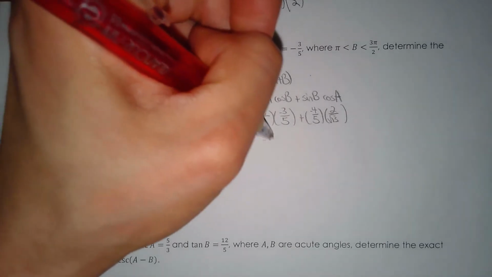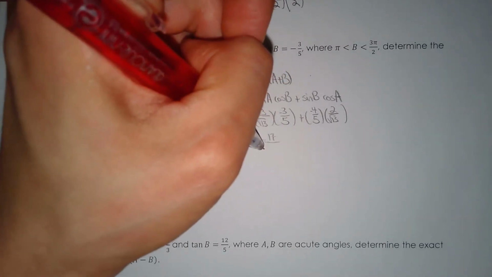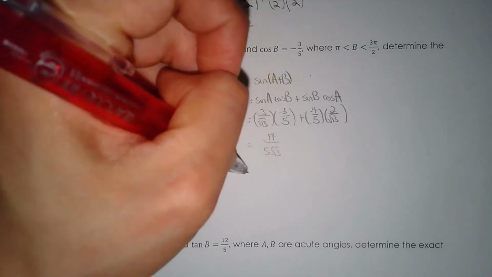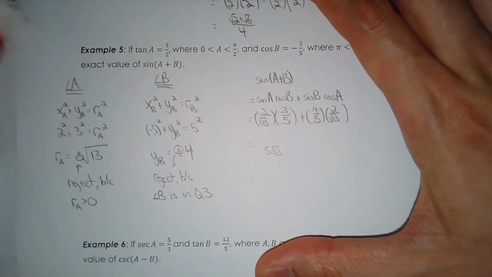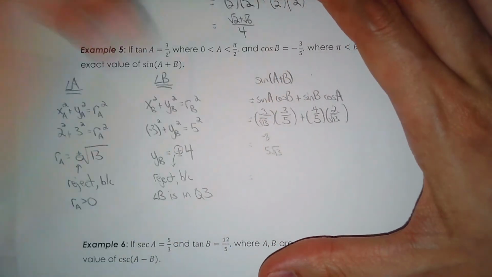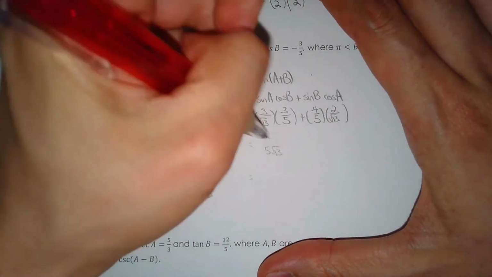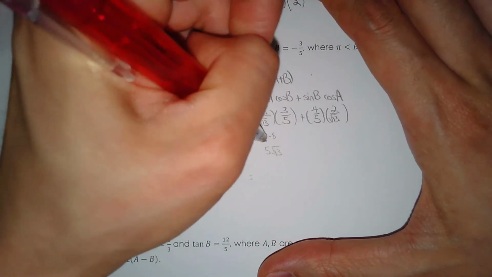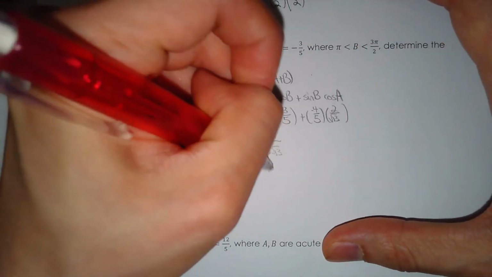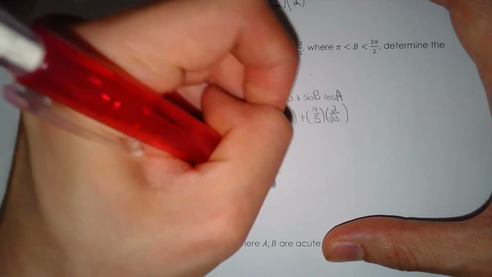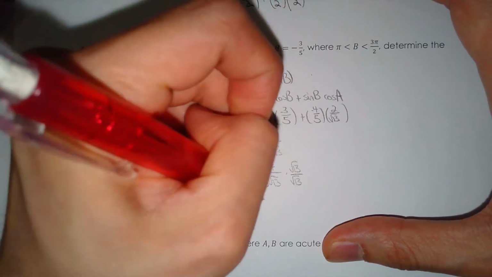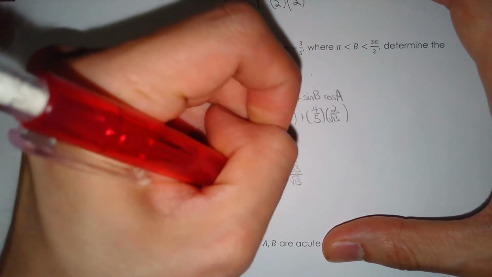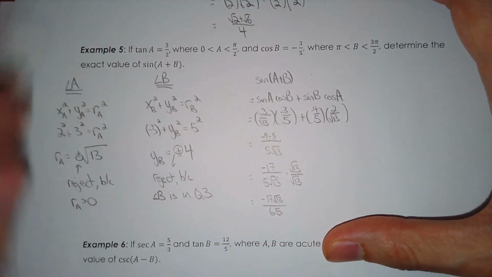So it's -17 over 5 root 13. I'm not going to skip my step. This is -9, -9 minus 8. And that's how I got -17. Rationalize the denominator. There we go.